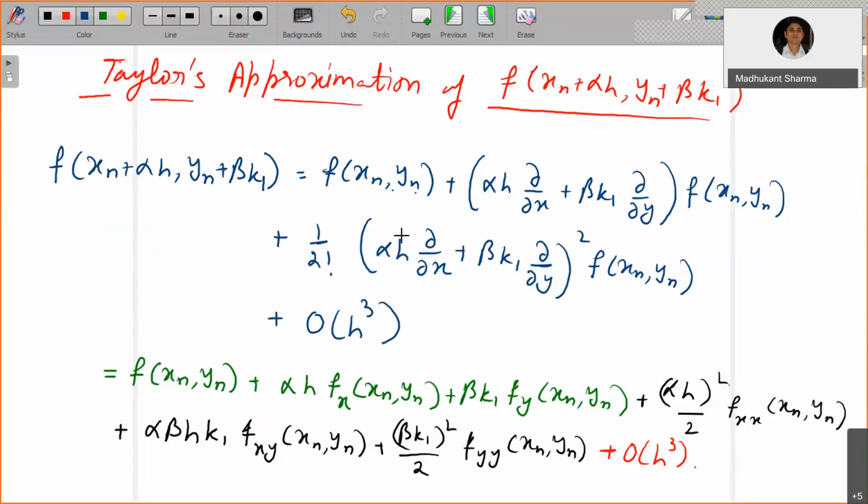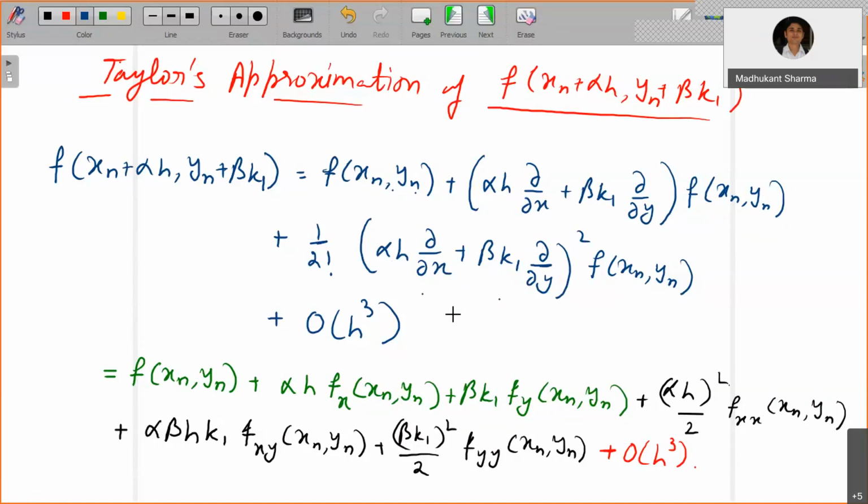So it is a square plus b square plus 2 times alpha h into beta k1 times ∂²/∂x∂y. The operators operate only on f; it is not that ∂/∂x of beta k1 times ∂/∂y takes beta k1 out. So treat alpha h and beta k1 as constants when opening these powers.